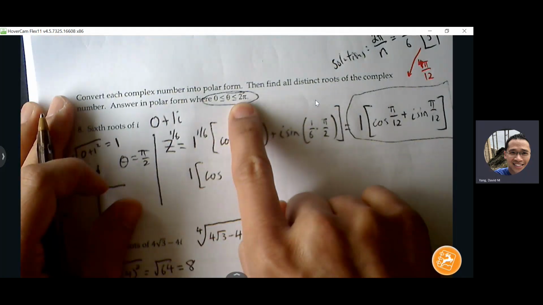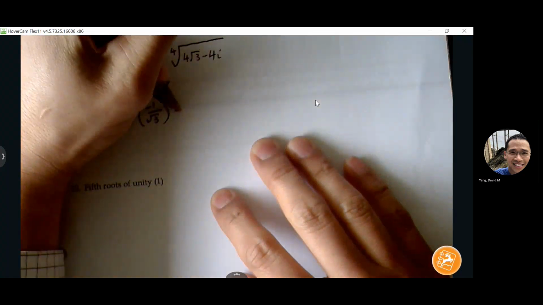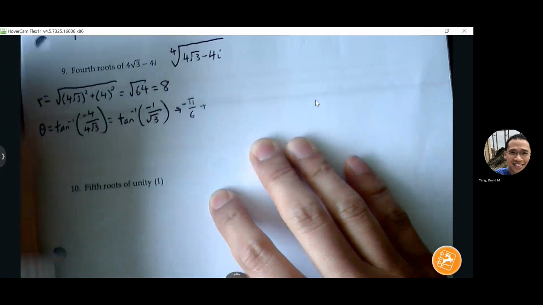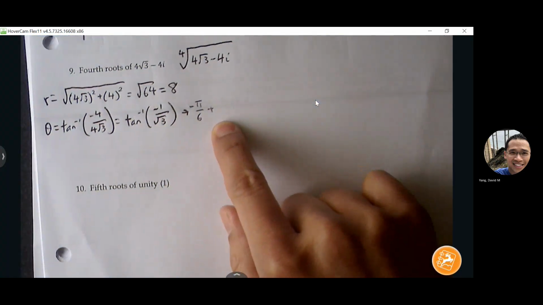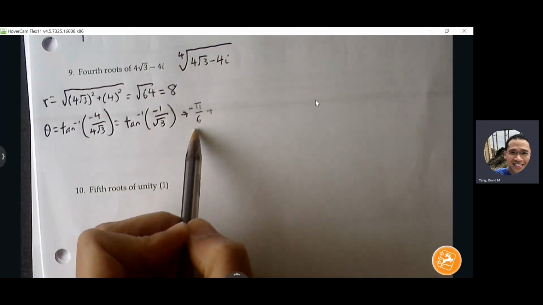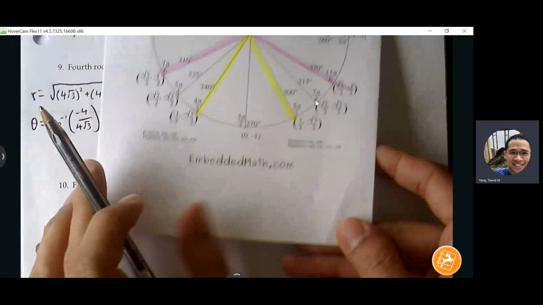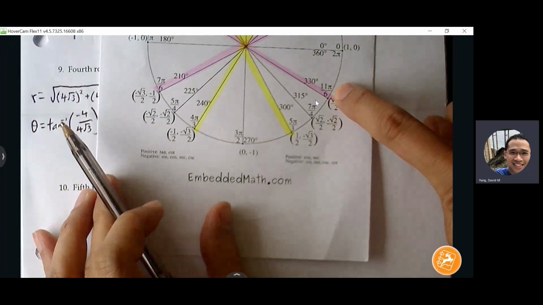We want to leave it in terms of pi. In the fourth quadrant, we just find the fourth quadrant version of pi over 6, and that's just going to be 11 pi over 6.